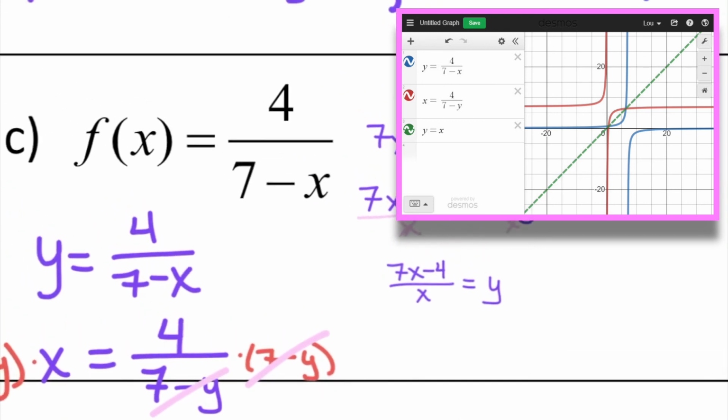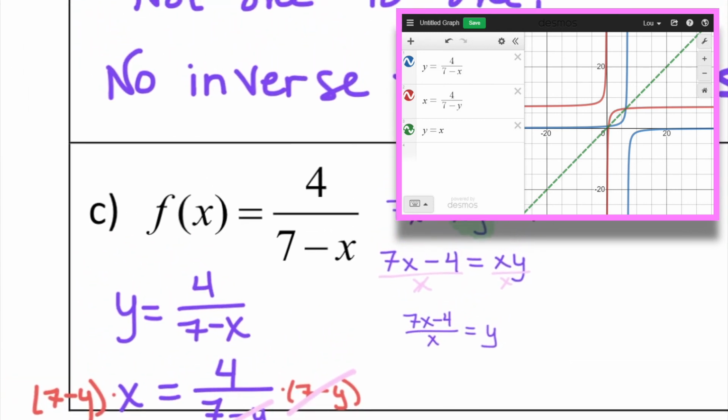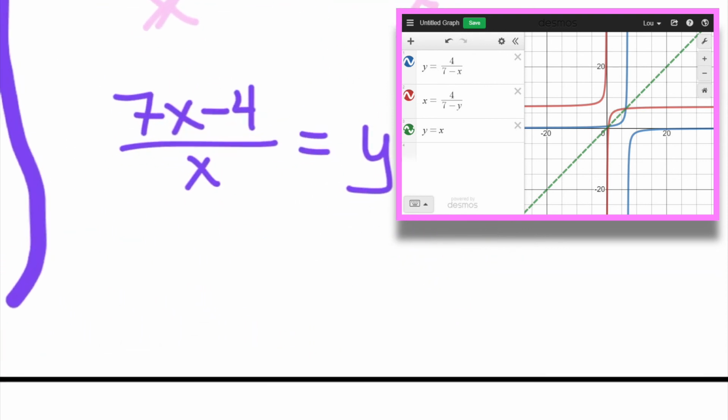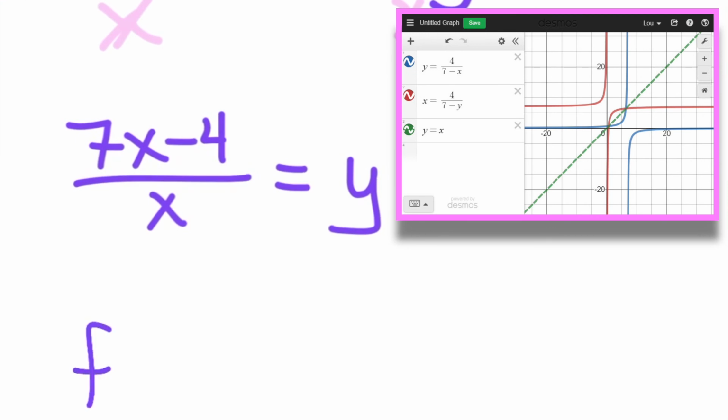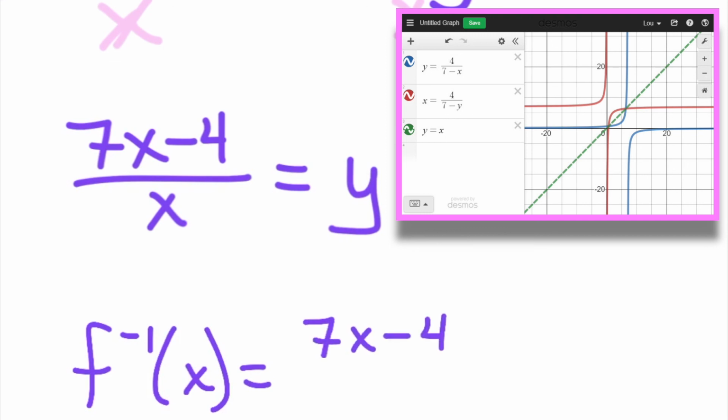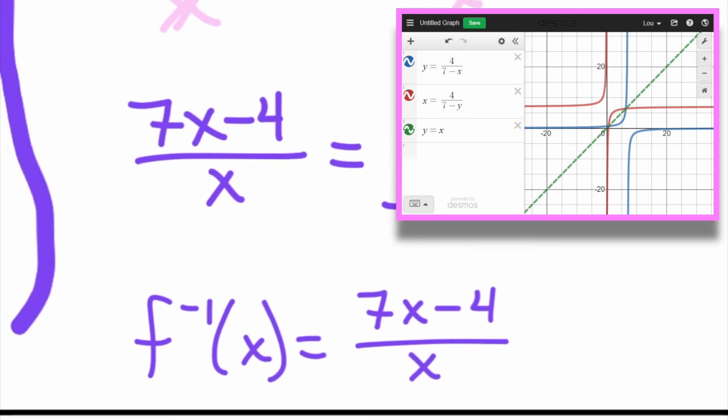And then you want to rewrite your answer in function notation. Take a look real quick at the steps. Make sure you understand how I got to y equals 7x minus 4 over x. And then rewriting this in function notation, I get f inverse of x equals 7x minus 4 over x.